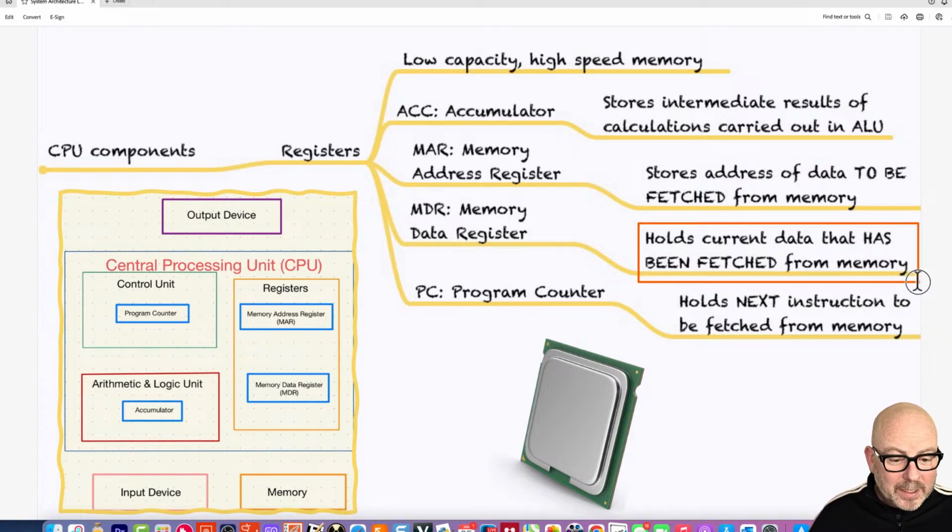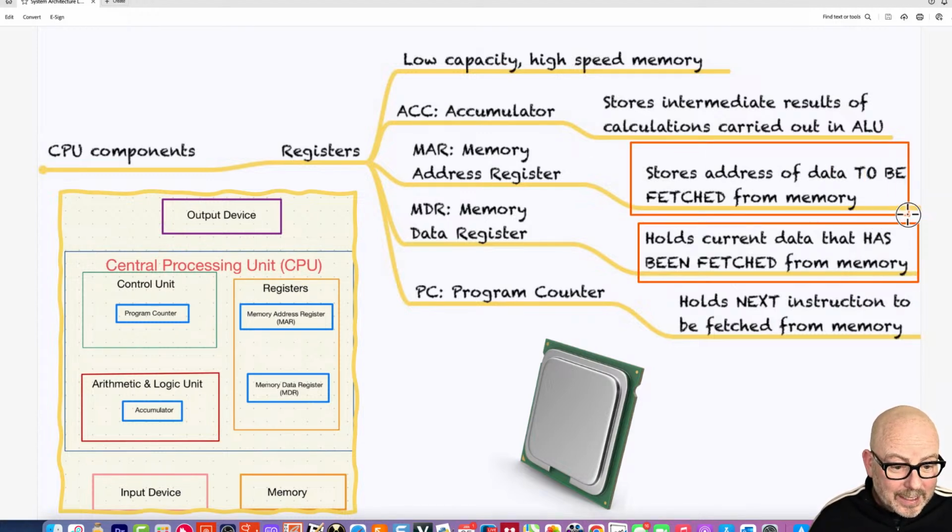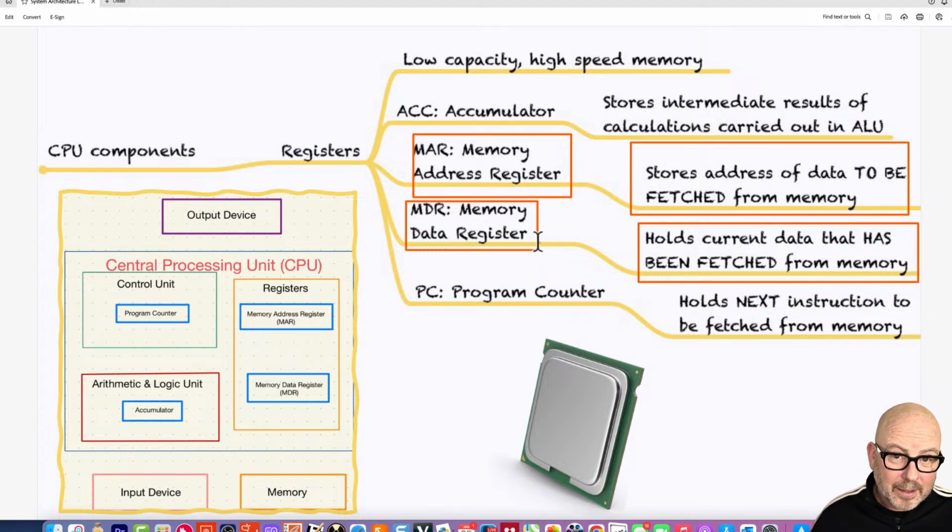And so once it's been fetched, that's where the data is actually held. So you've got where, here, and you've got what. So your MAR is where the data is, and your MDR is the data. So in that sense, it's starting to make a bit more sense to you, hopefully.